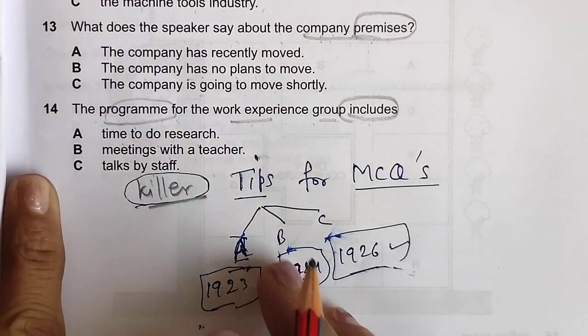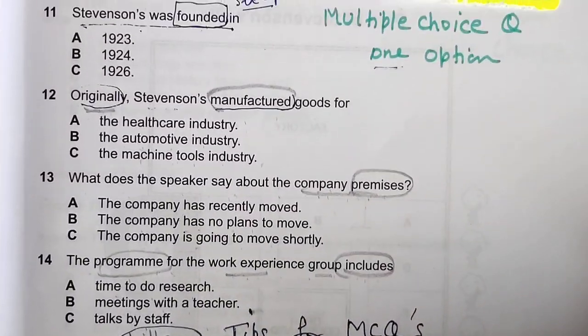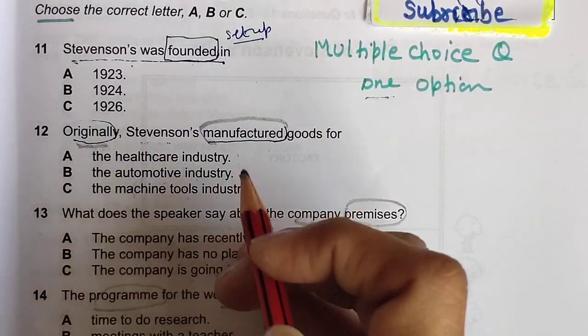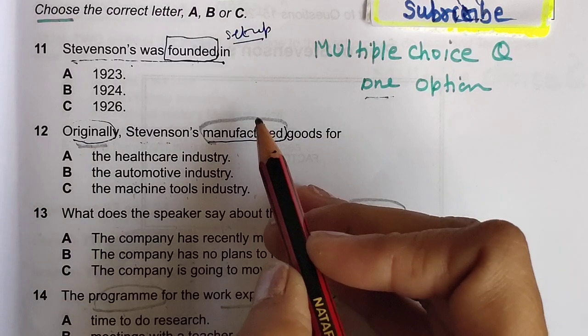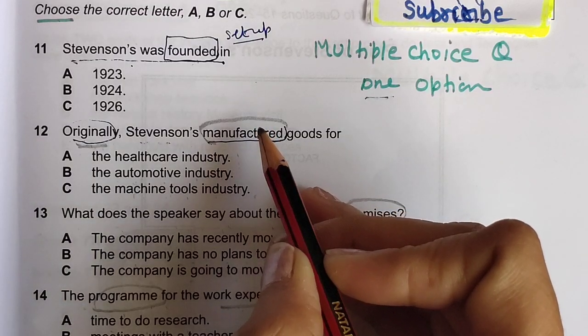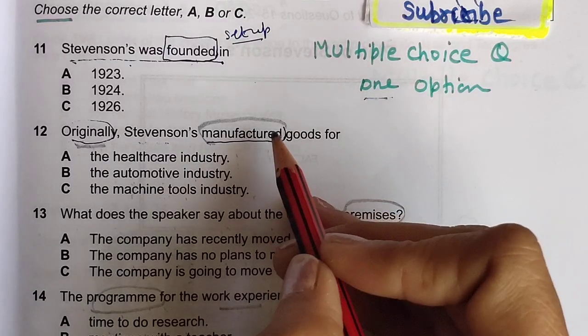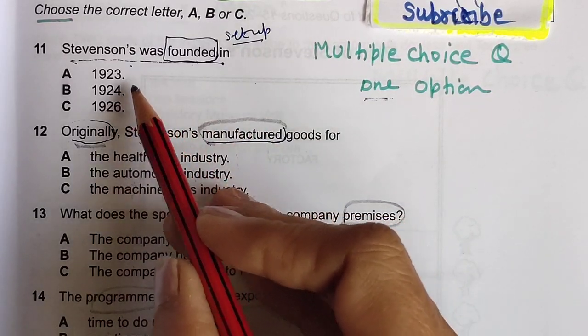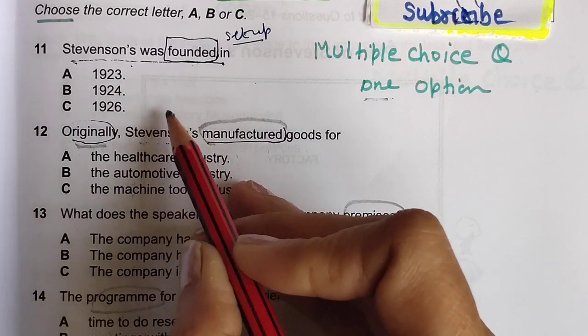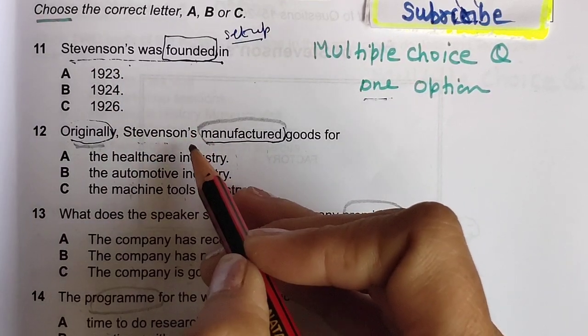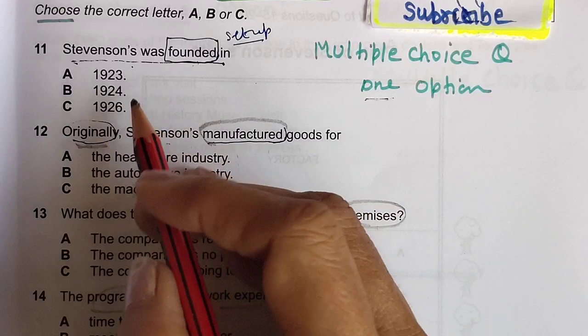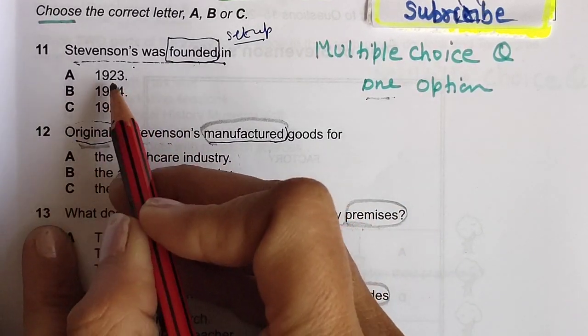And one more thing: if you lose your focus even for 1 second, if you start thinking about your food or your evening plan, then you are definitely going to lose one question. Whenever you are doing the listening test, focus on your page, focus on your pencil.